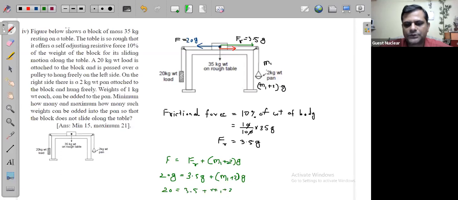So m1 + 2. So if we just add this 3.5 and 2, then we can just get this 20 is equal to 5.5 plus m1.